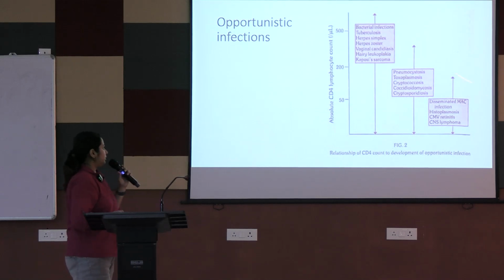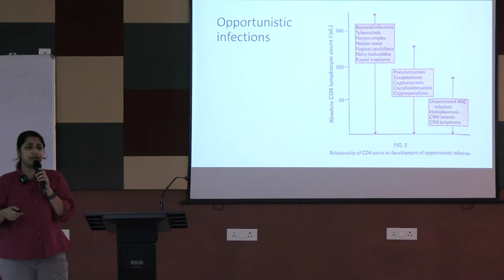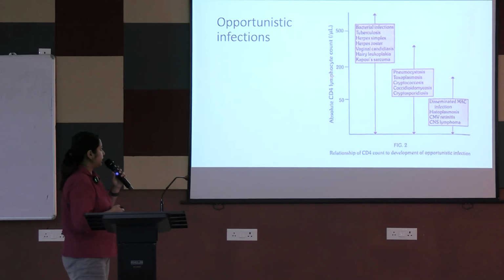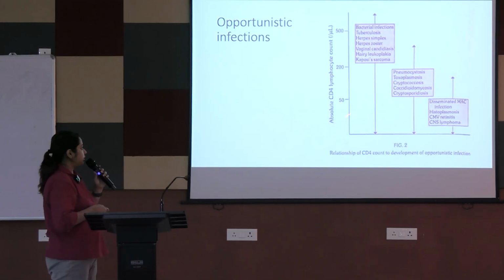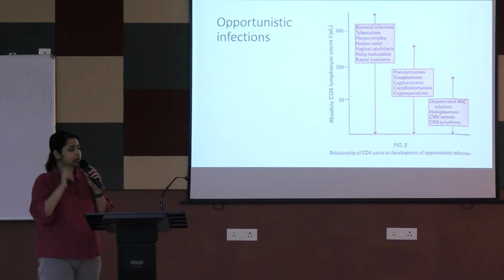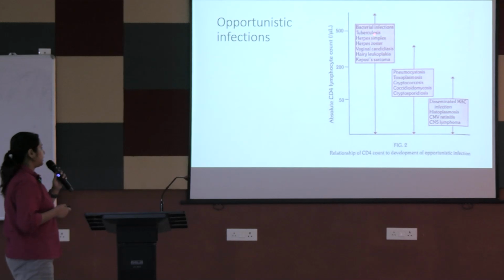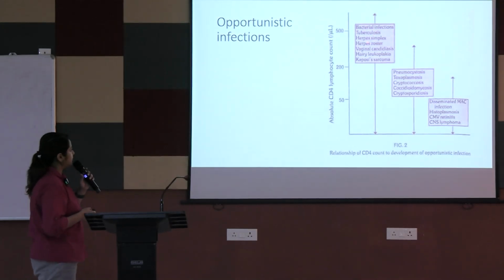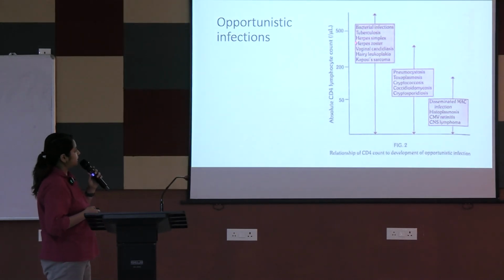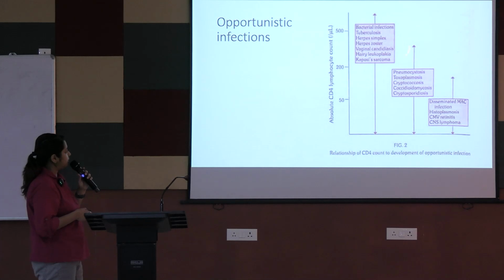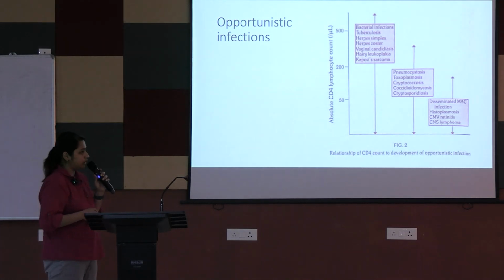But if you want to know which infections can take hold of that person, it depends on the immunity level. If it is a little bit better, then bacterial infections, TB, herpes simplex, herpes zoster, vaginal candidiasis, hairy leukoplakia and Kaposi's sarcoma can occur.